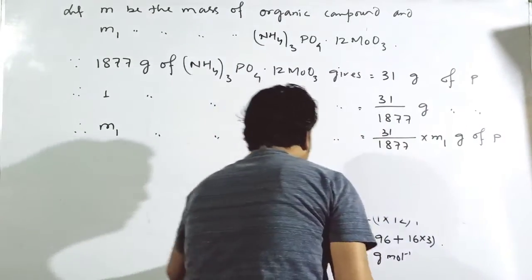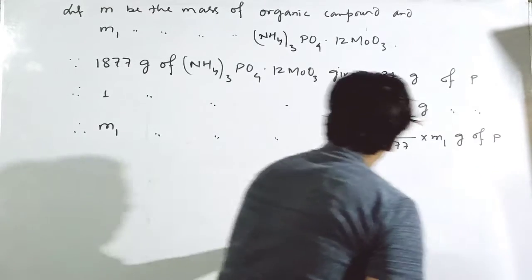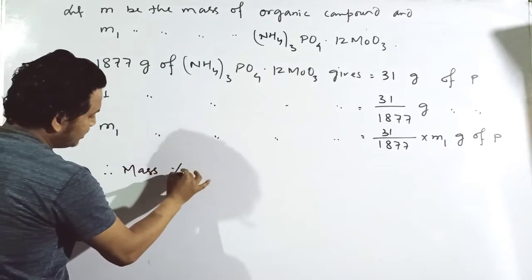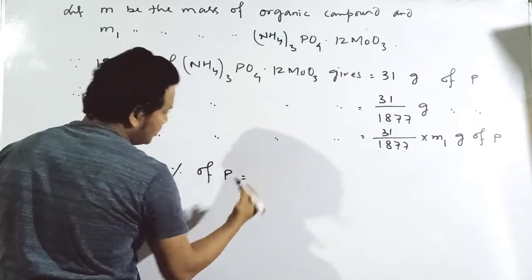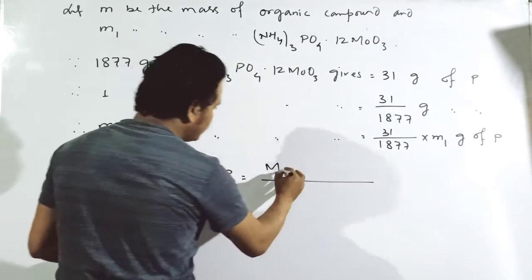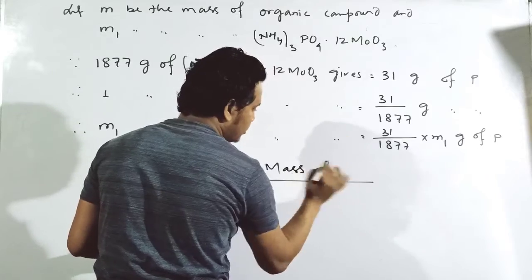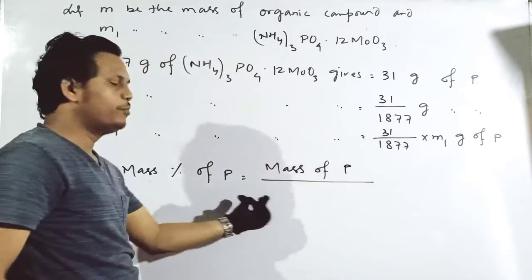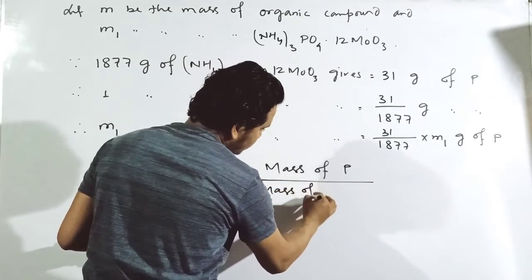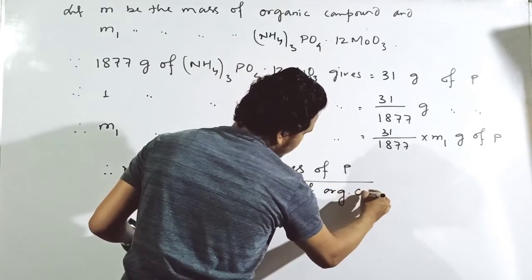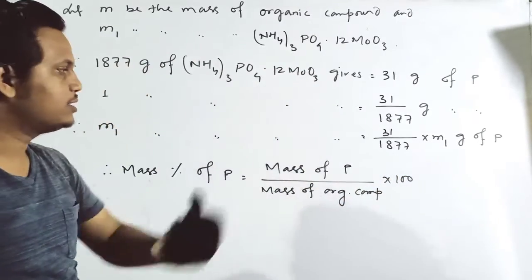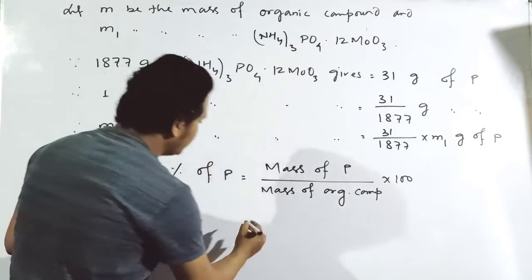Mass percentage of phosphorus is equal to mass of phosphorus by total mass, that is the mass of the organic compound, multiplied by 100, so that the result is in terms of percentage.